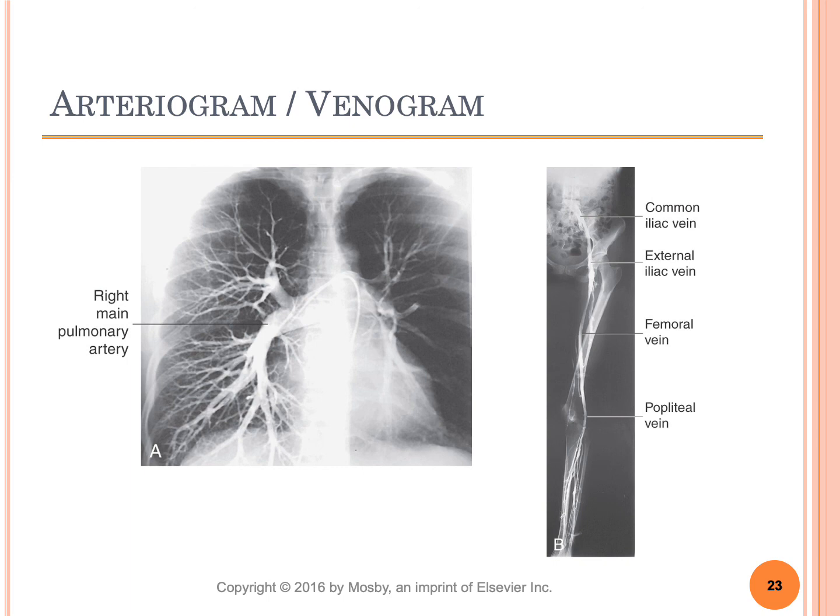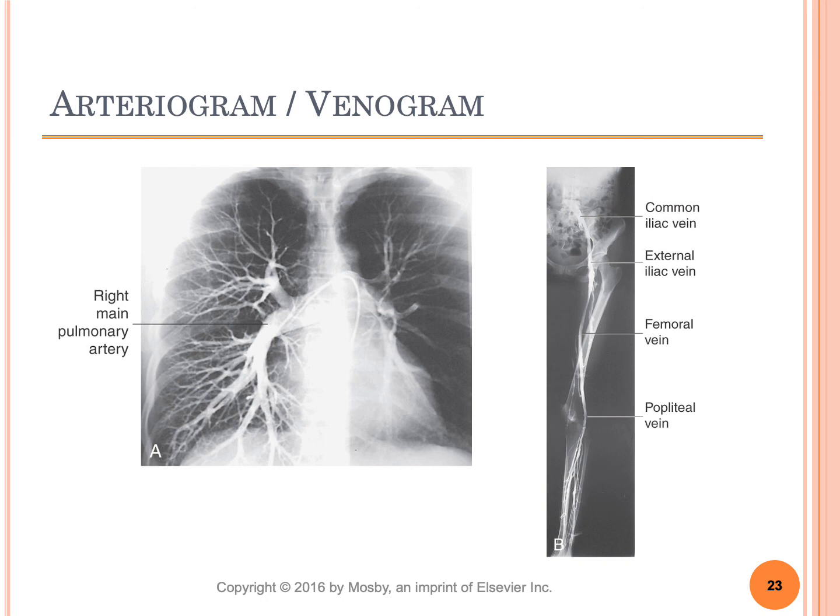Now on the right side you can see a vein, and this kind of tells us that it starts way up high at the common iliac. So remember our anatomy. The aorta comes off the top of the heart, it makes a turn, it goes all the way down the body, through the thoracic cavity, through the abdominal cavity, and once it gets low in the pelvic cavity, it bifurcates.